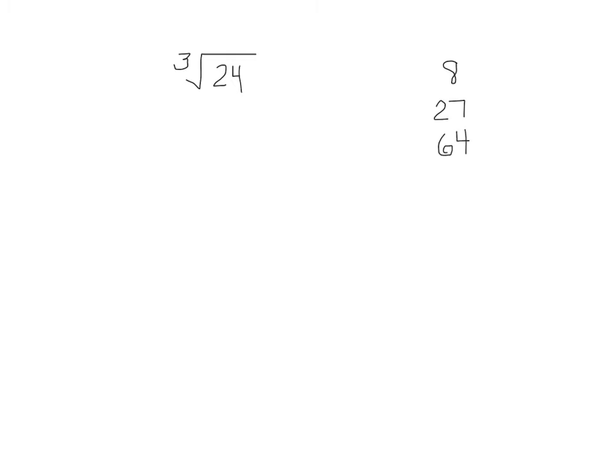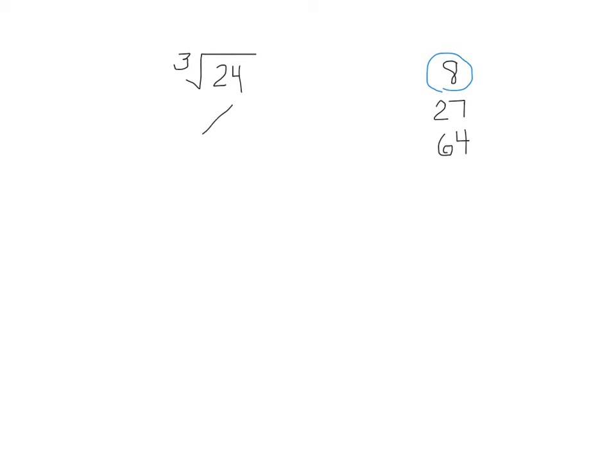Once again, I want to find a perfect cube, this time instead of square, that divides evenly into 24. And the largest perfect cube that does so is the number 8.